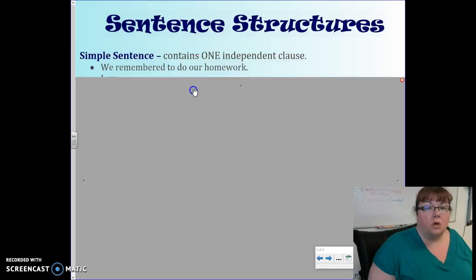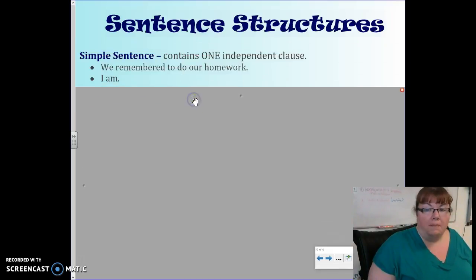So sentence structures. There are four main sentences that we're going to focus on. These should be review. We have the simple sentence, which is the idea of the one independent clause, remembering that independent is this idea of a subject and a verb and can stand on its own. You've seen these samples, you've seen these definitions.